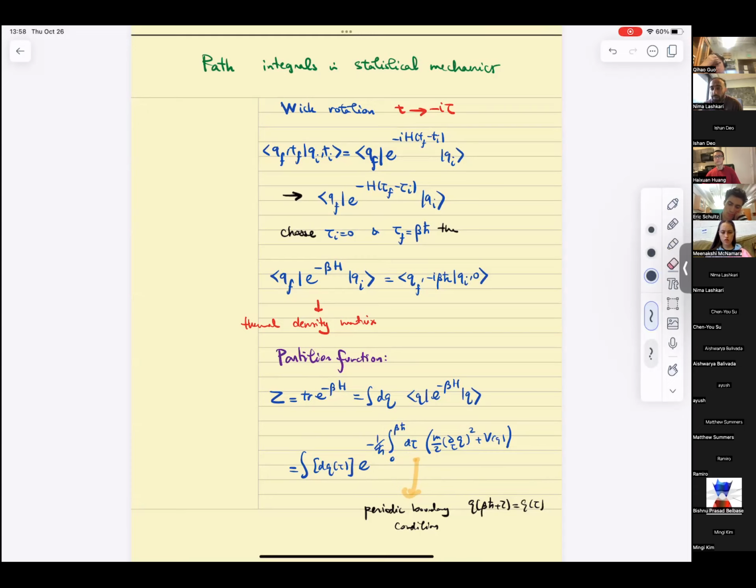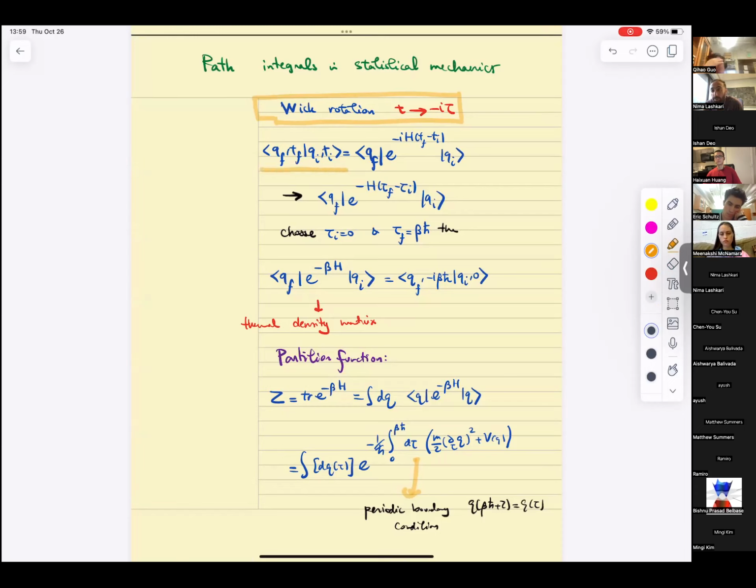Now, what I'm going to tell you is that even in classical physics, path integrals appear. They actually appear naturally in finite temperature classical physics. And the way to relate the two, that's called statistical field theory, is through what's called Wick rotation that sends real time to minus I tau. So let's just work that out a little bit.